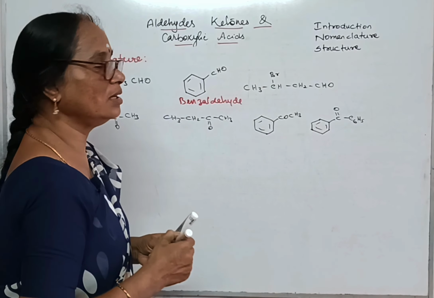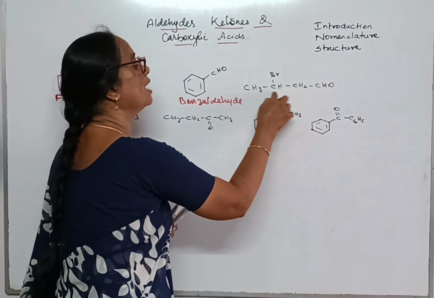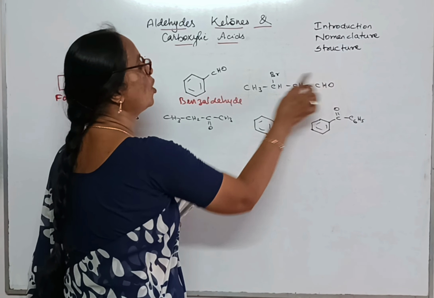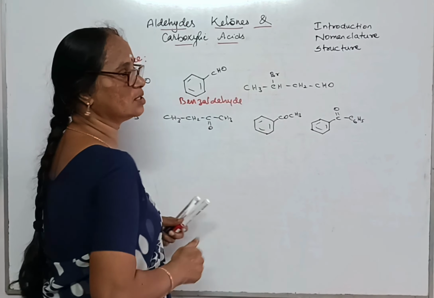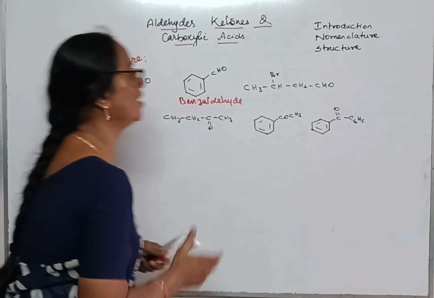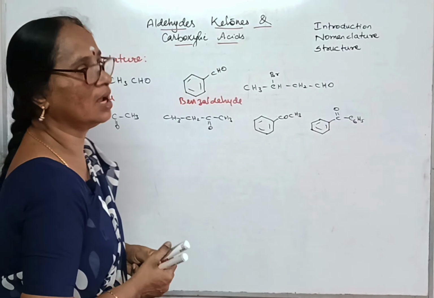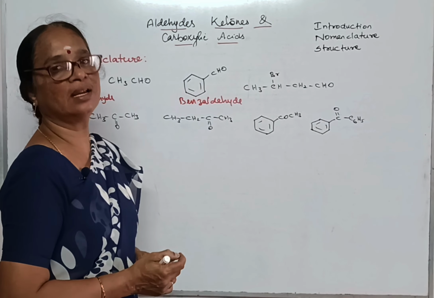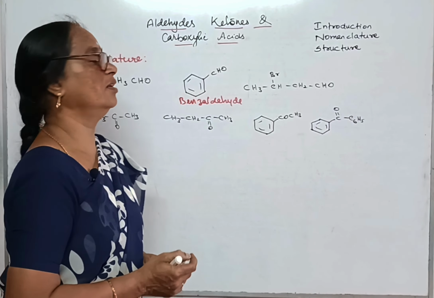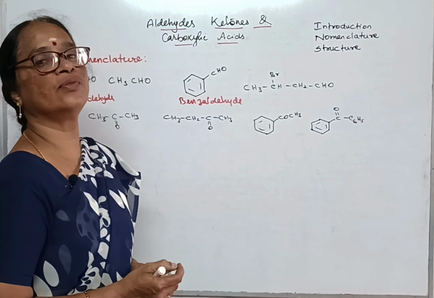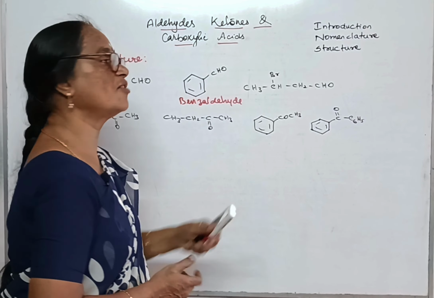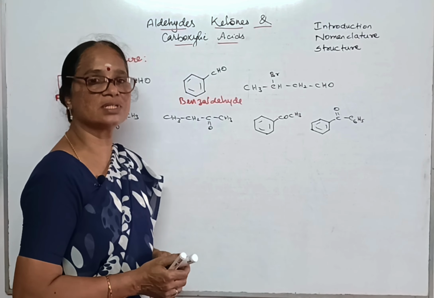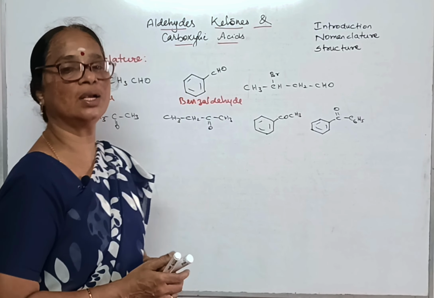And the other one has 4 carbon atoms with CHO, and 1 more halogen is also present. When we give the common name, we have to identify positions by notations. We are not supposed to use numerals; instead of numerals, we use alpha, beta, gamma notations.